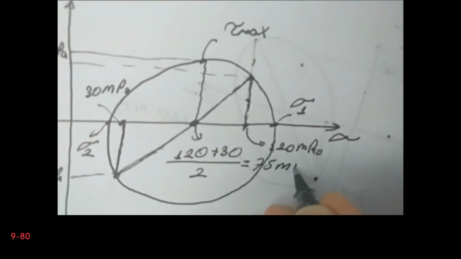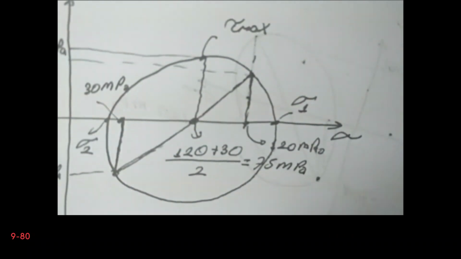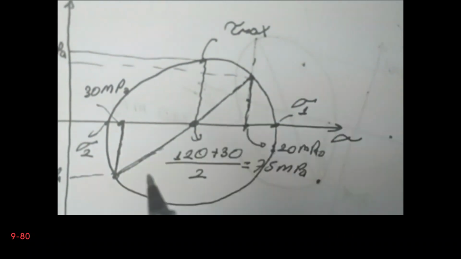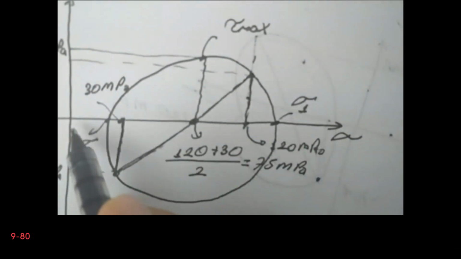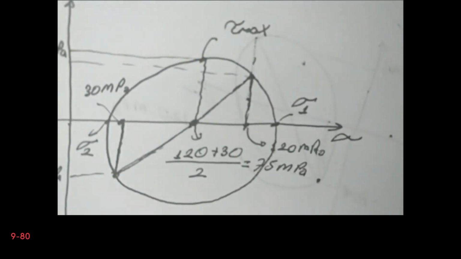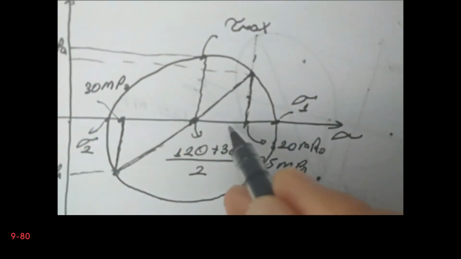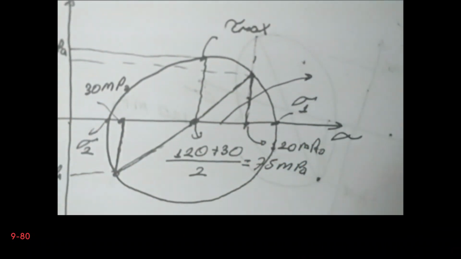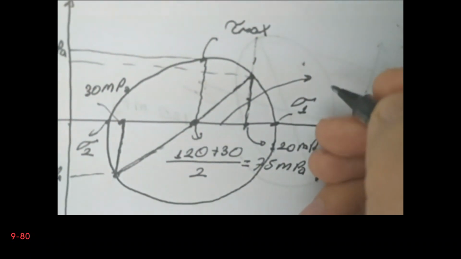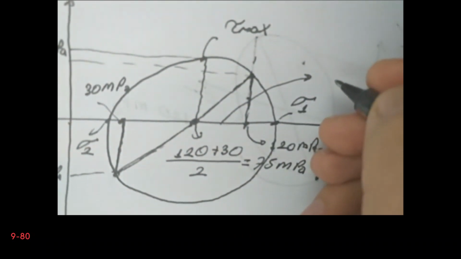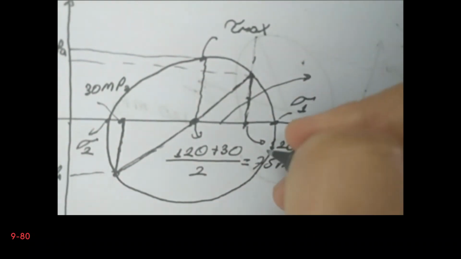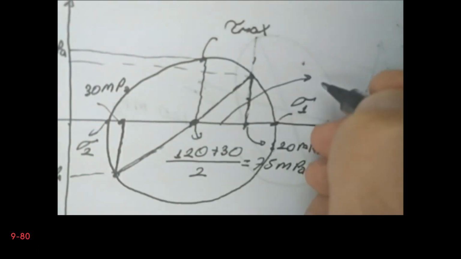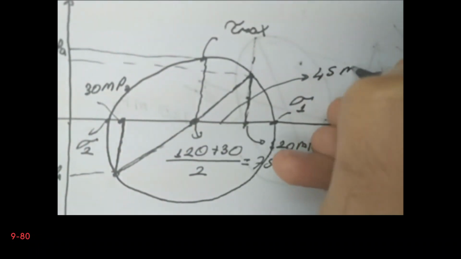So this is the distance from here to here. Now let's find this distance. This will be the second objective. So certainly this distance is 120 minus 75. So this is 45 megapascals.